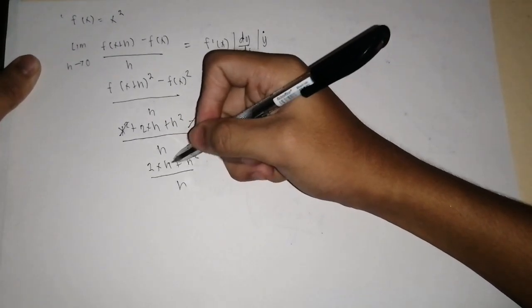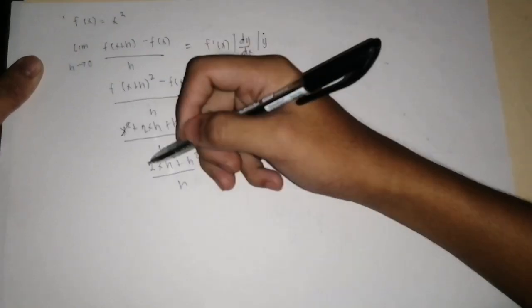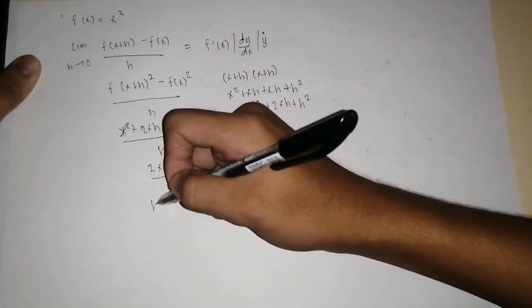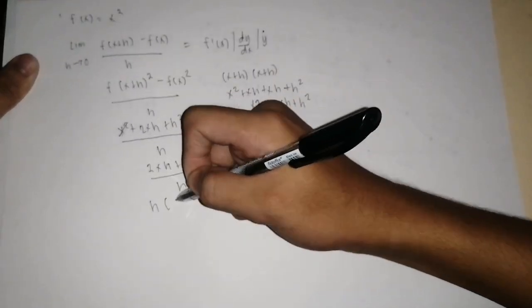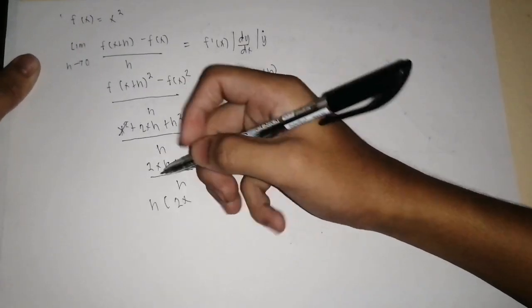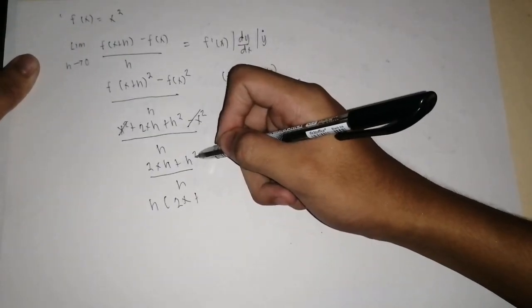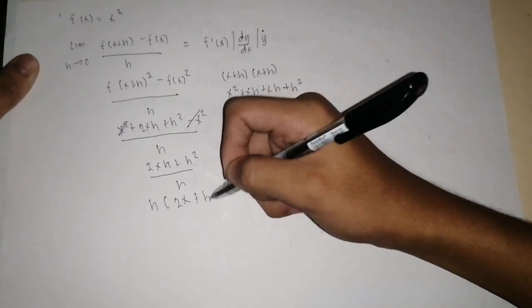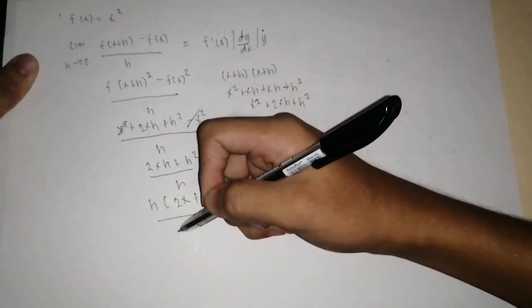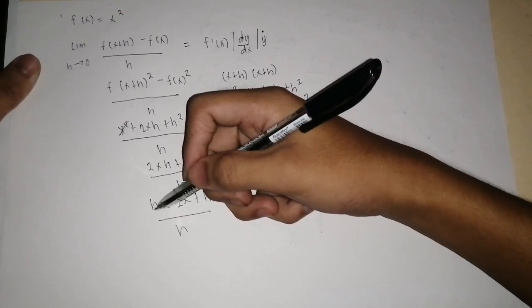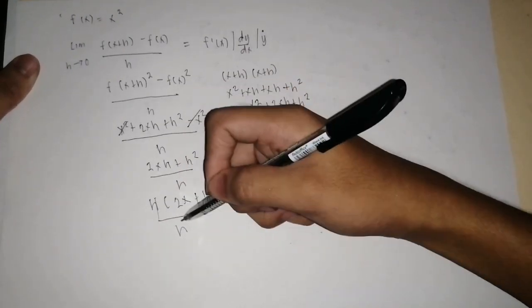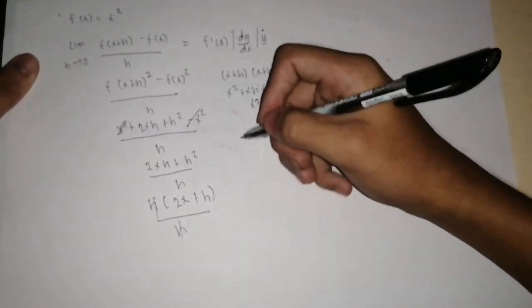Then, yung h, since may h dito parehas, factor out natin siya. Ang mangyayari is h, then 2x, kasi kinuha natin siya, plus yung h squared, babawasan ng isa, magiging h na lang. So, over h. Then, yung h, since meron sa taas, meron sa baba, pwede natin cancel. Ang matitira na lang is the limit.